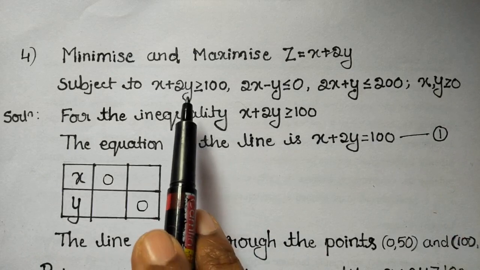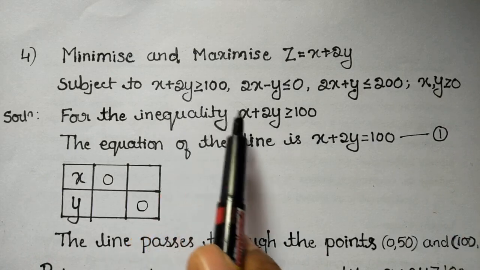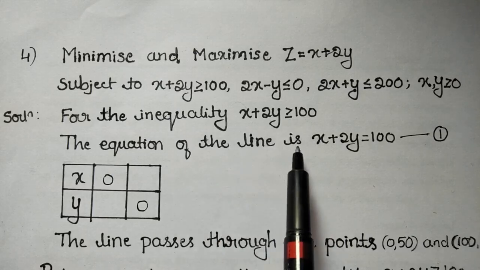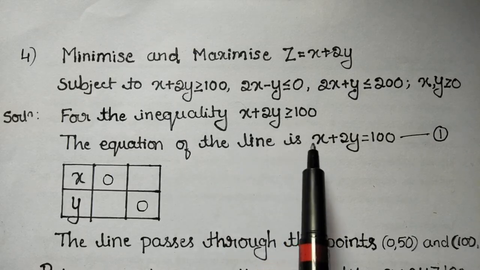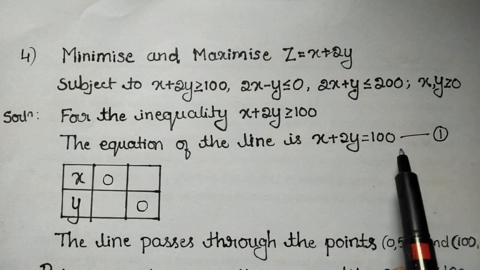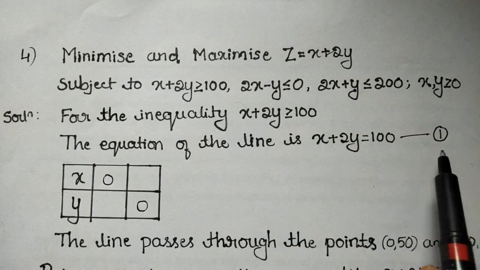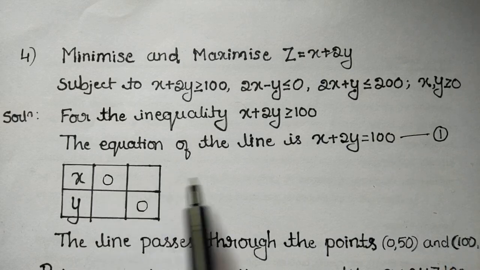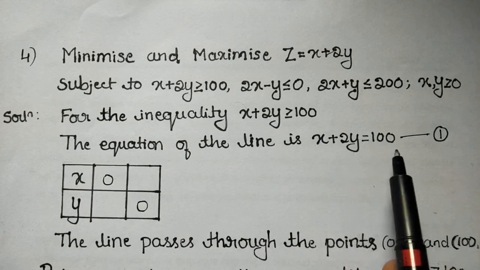The first inequality is x plus 2y is greater than or equal to 100. The equation of the line for this inequality is x plus 2y is equal to 100. Let us call this equation 1. Now we have to find the points on the line. Put x is equal to 0 in equation 1.